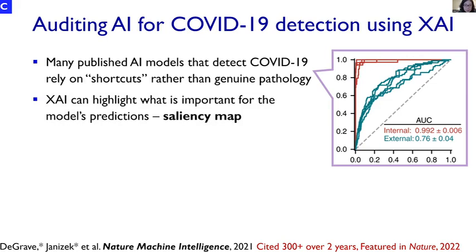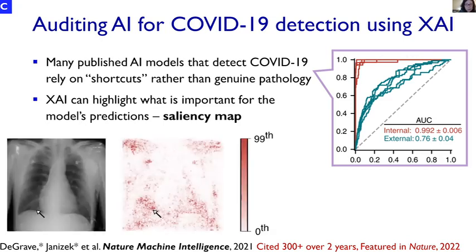To understand why these models failed to generalize, we took a look at the saliency map. It's an explainable AI method that shows you in the image which parts of the image were used by the machine learning model, for example, where the arrows are.